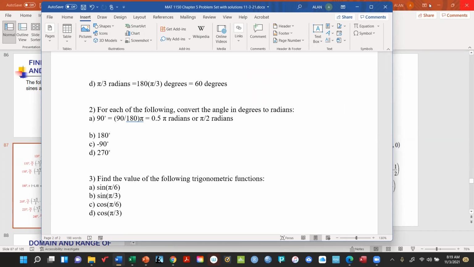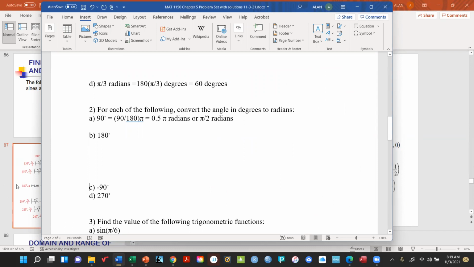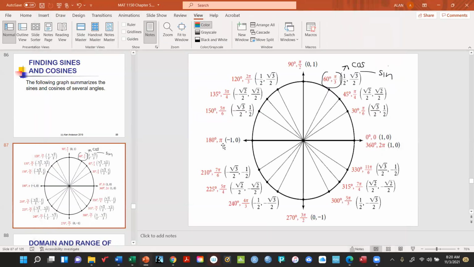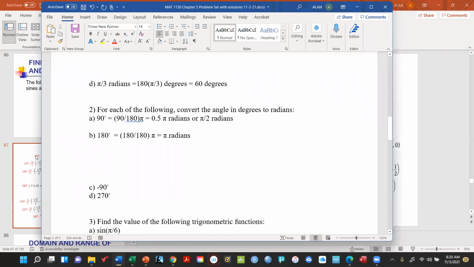Well, 180 should be very simple then, because if you're going to divide that by 180, I think we're all set. It's just pi radians. So that's how it's defined. 180 right here and pi mean the same thing.